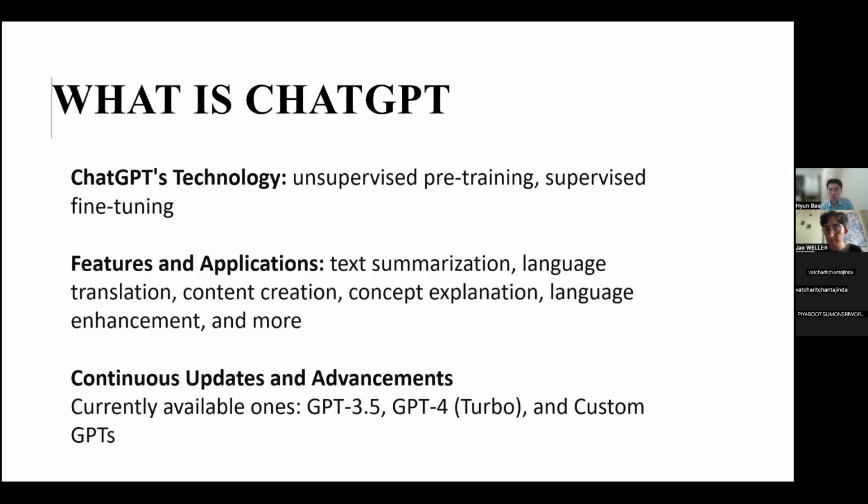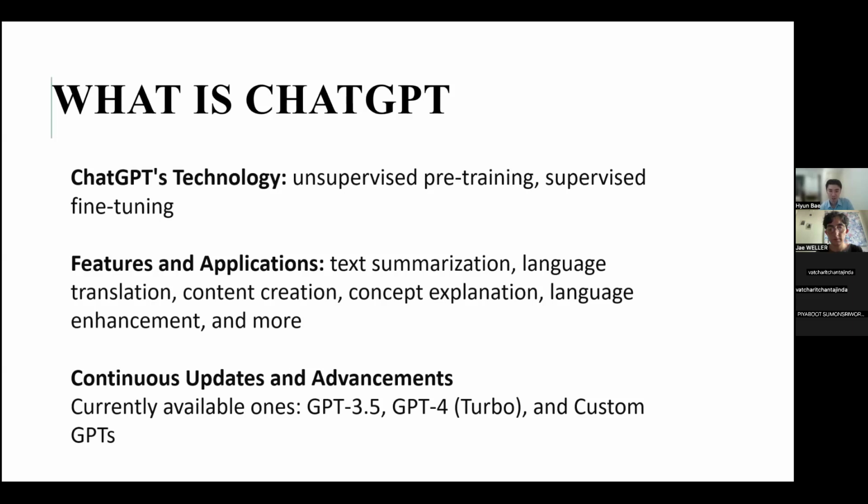So what is ChatGPT? ChatGPT uses unsupervised pre-training and supervised fine-tuning. And it uses a vast amount of text data to produce natural-sounding responses. It mimics human conversation, and it's designed to generate high-quality replies and specialized knowledge.